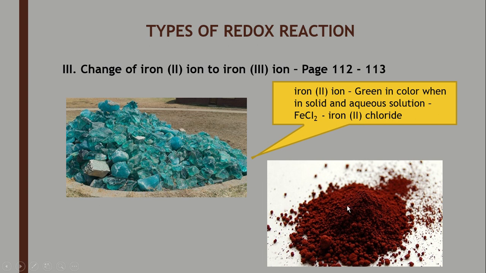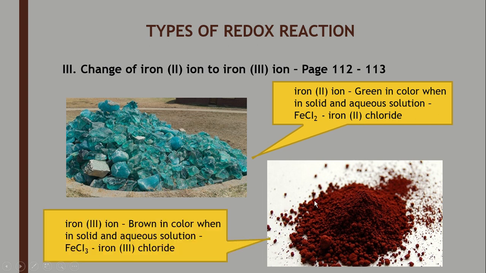Whereas for the second diagram, the brown color is for the iron 3 ion. From the name we can differentiate it is iron 3 ion, and then we cross Fe3+ with Cl-, then we get FeCl3, meaning the ion used is iron 3 ion, so the color is brown.